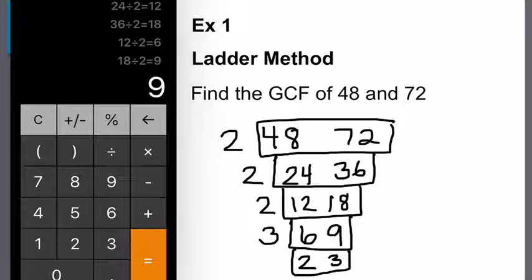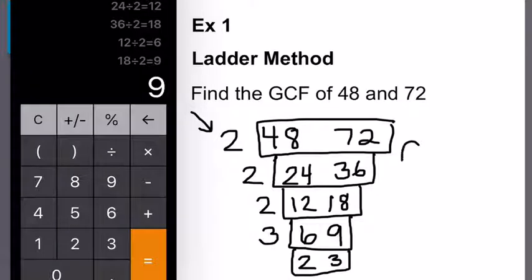So my students say, but where's the greatest common factor, Ms. Dunn? If you look at all of these numbers that you divided by and you multiply them out, it will give you the GCF.